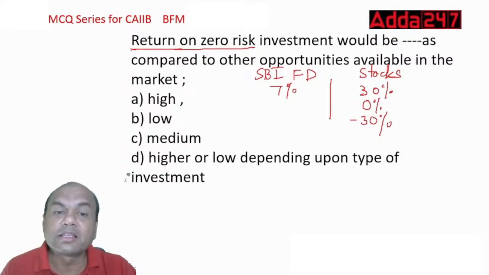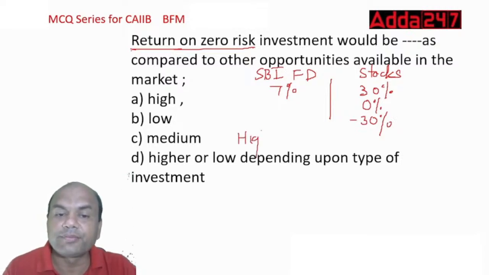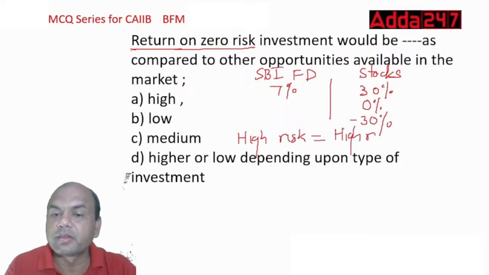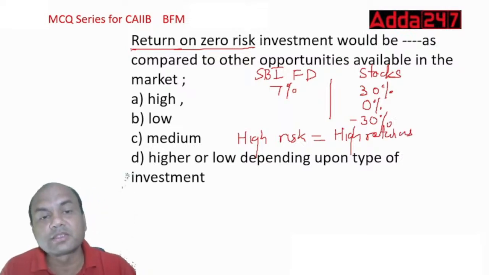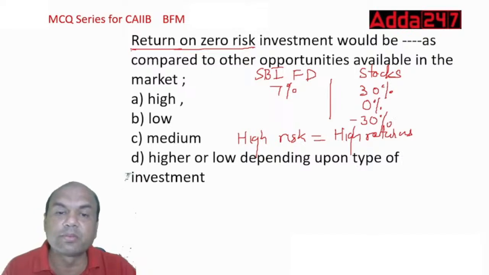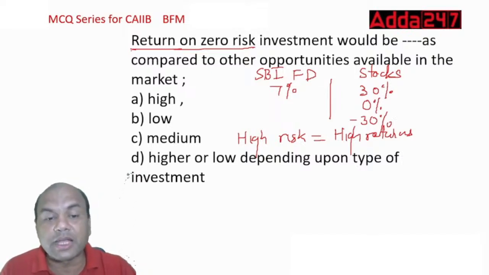But returns are also the same way. Higher the risk, higher the returns. Always remember, high risk equals high returns. Always remember this logic. So what will be the answer over here? Return on zero risk investment would be dash. High, low, medium, high or low depending on the type of the investment.